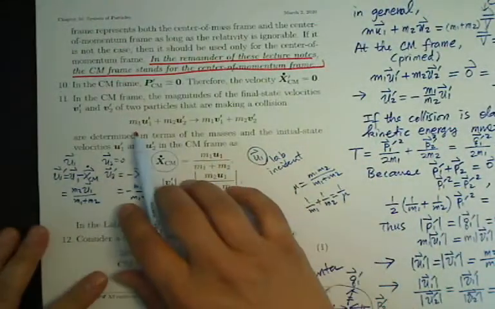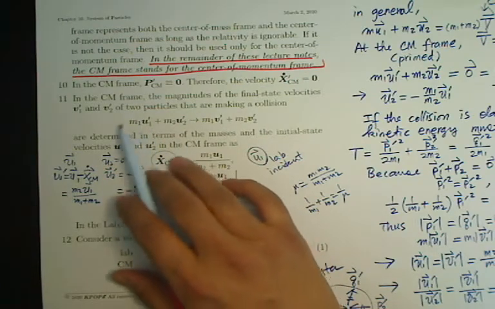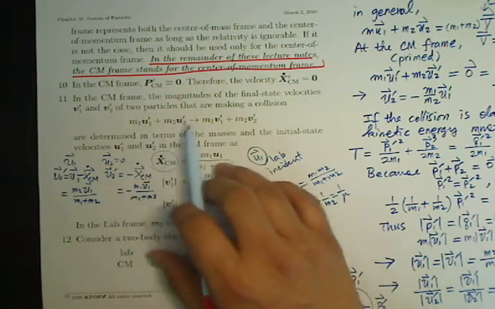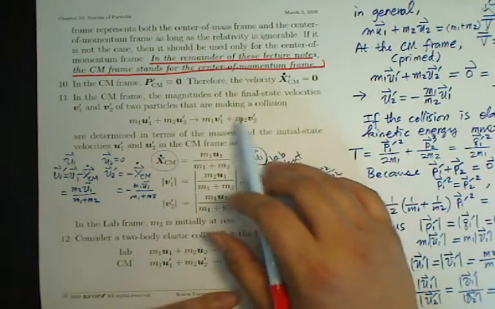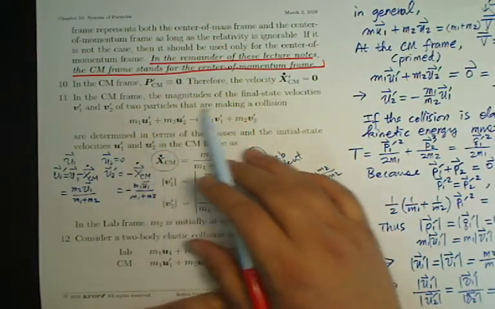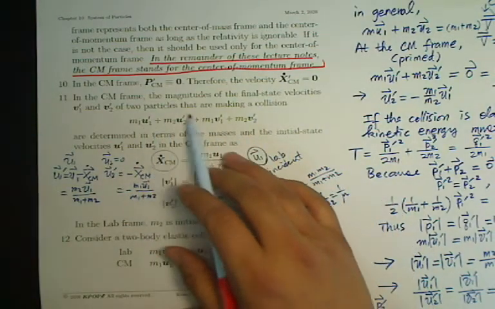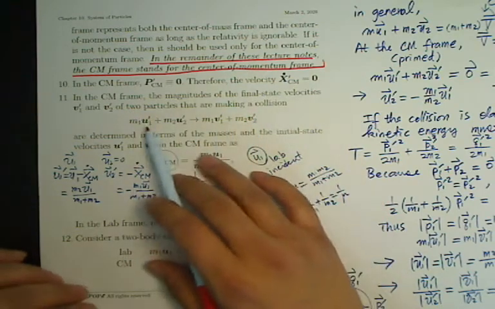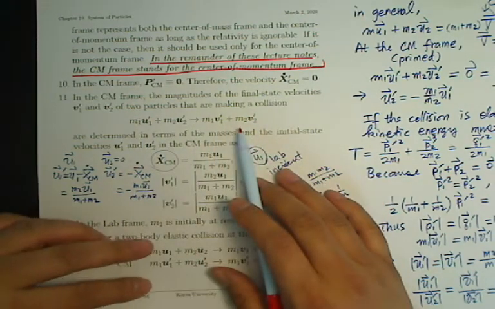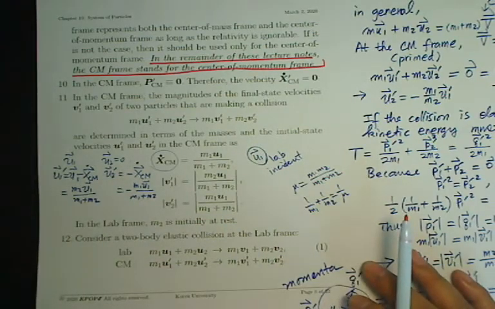Consider collision of M1 and M2. This one shows the initial momenta of the two particles, and the final momenta. Momentum conservation states that the sum of these two momenta should be the same in any reference frame. Here, the prime variable indicates that we are working in the center of mass frame.